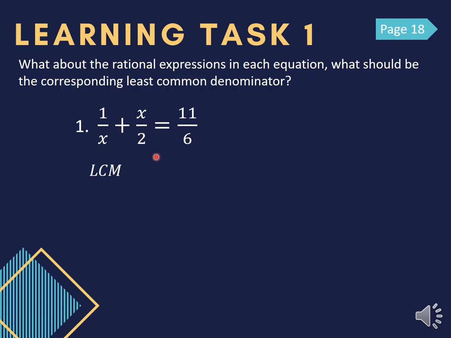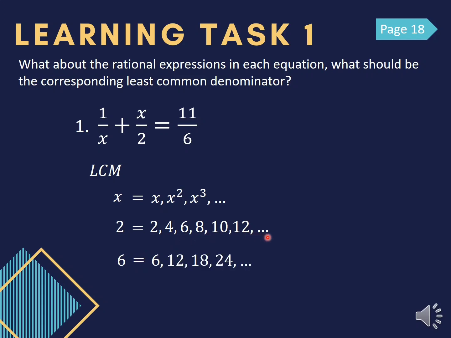So again, let us find the least common multiples of these denominators. So we have x, 2, and 6. The multiples of x are x, x squared, x cubed, x to the fourth, and so on and so forth. The multiples of 2 are 2, 4, 6, 8, 10, 12, and so on and so forth.